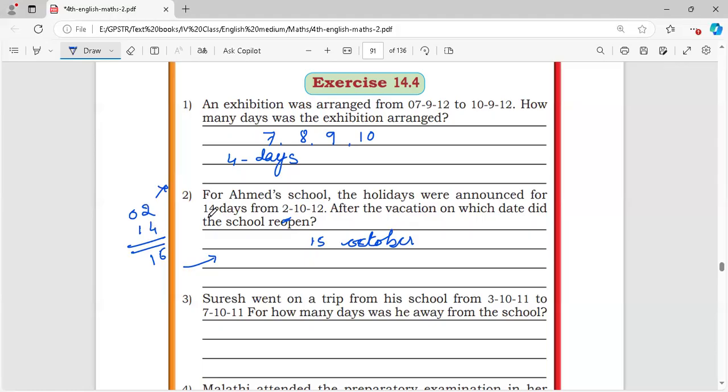Therefore, 16 minus 1, the 15th will be the school day.